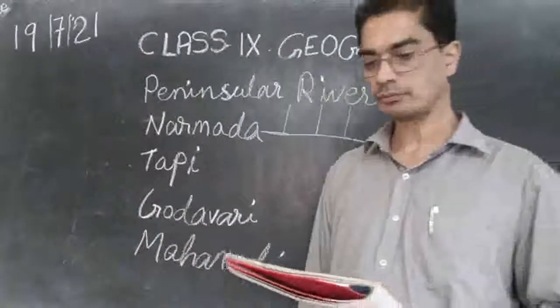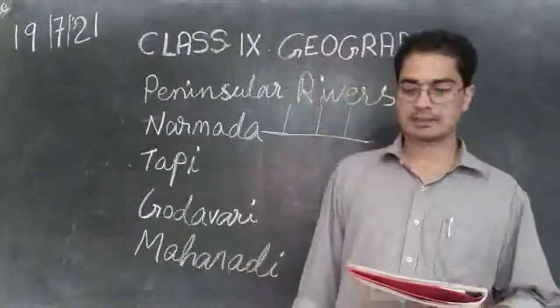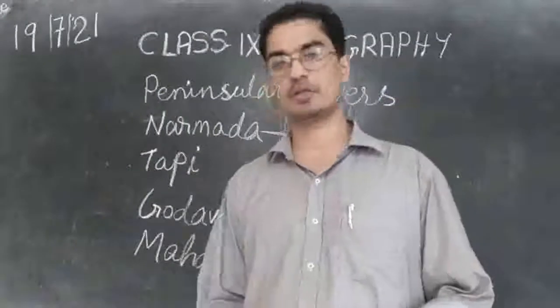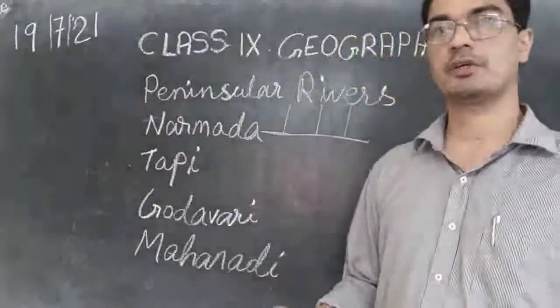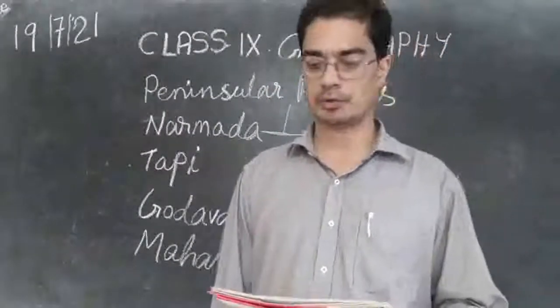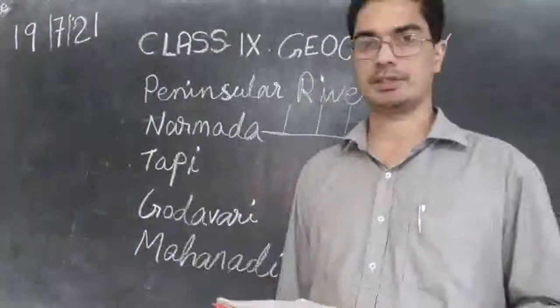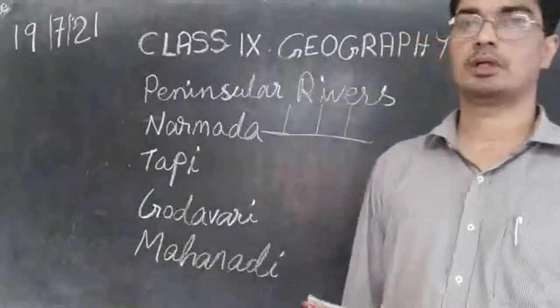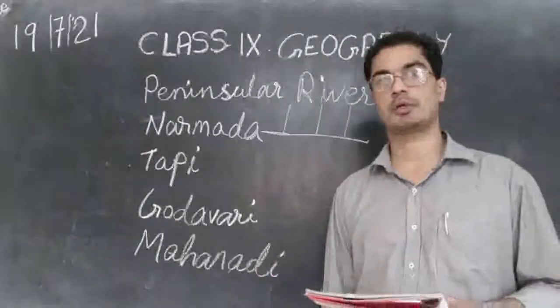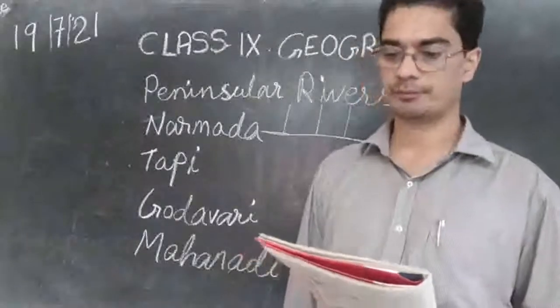Tapi river. The Tapi rises in the Satpura ranges. It is originating from the Satpura mountains in the Betul district of Madhya Pradesh.